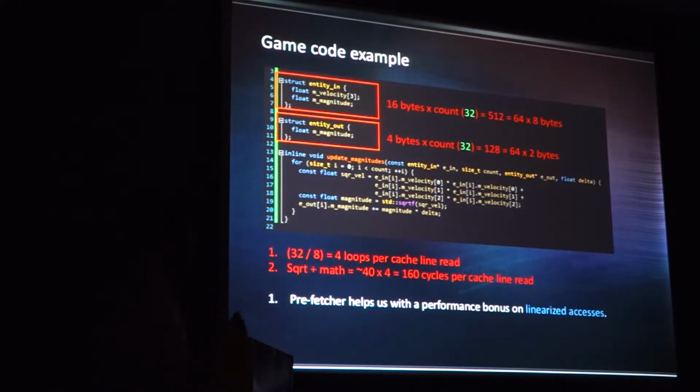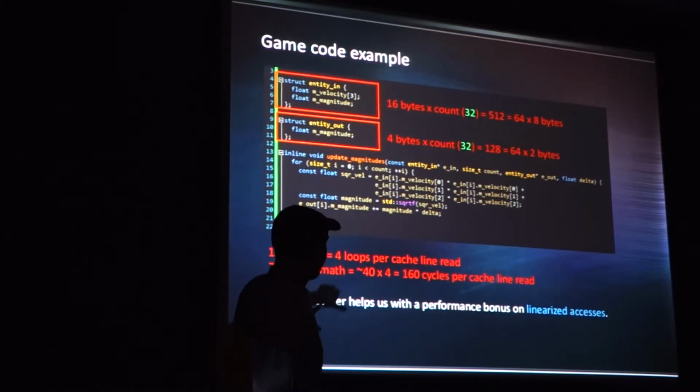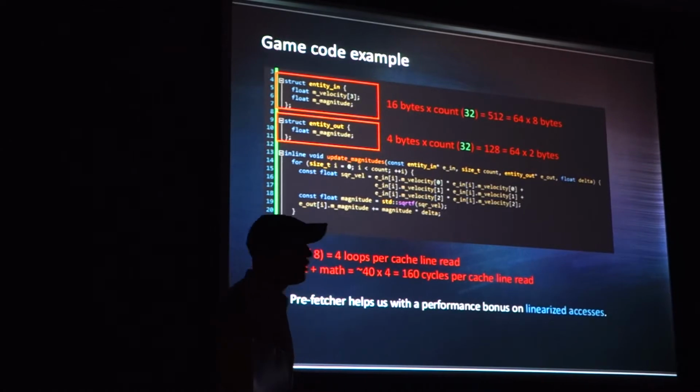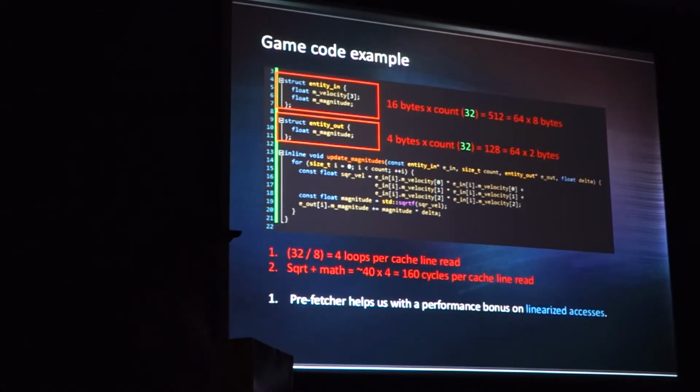That's 160 cycles per cache line read. That's pretty good. And because we're using arrays, we're going to store these as arrays, the prefetcher in our CPU is going to give us a massive performance bonus in linearized access. We actually allowed the compiler to do some real optimization here by creating a linearized access and using the cache lines correctly. We're actually helping the compiler by doing this.